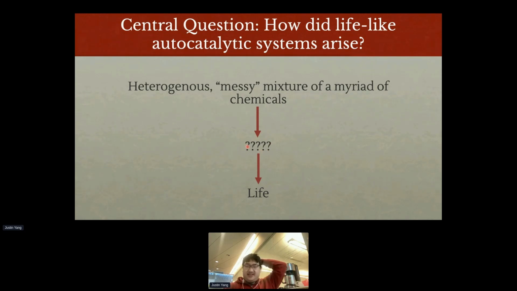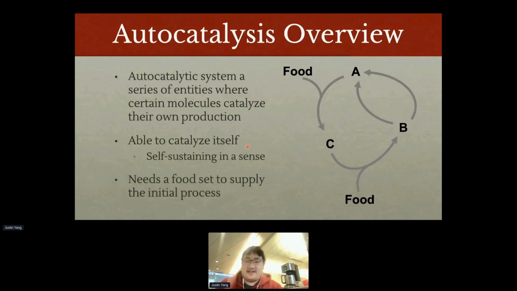One thing that could arise from what happened in the middle is a focus on autocatalysis. Now, an autocatalytic system is a system where a series of entities and certain molecules catalyze their own production, as depicted in the figure on the right, where A combined with a food source produces C, which also combined with a food source produces B, which produces two A's, and so on.